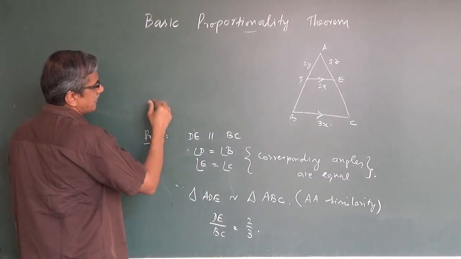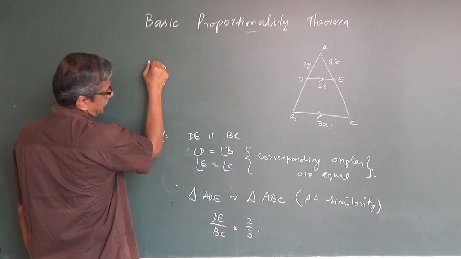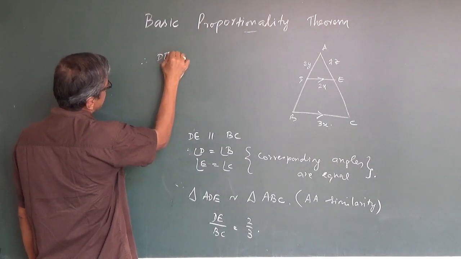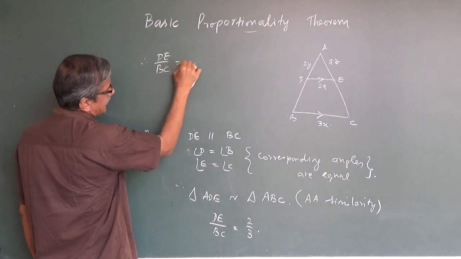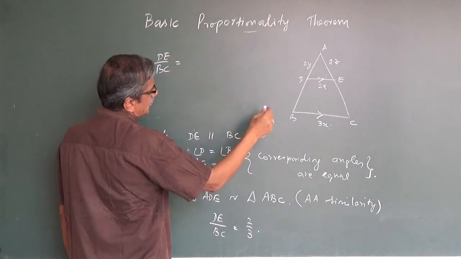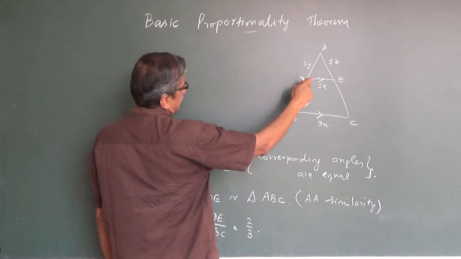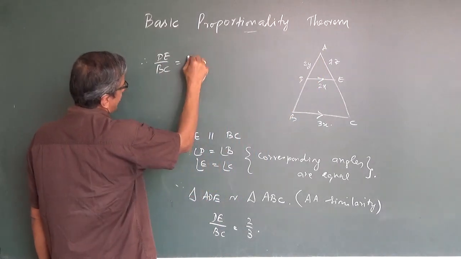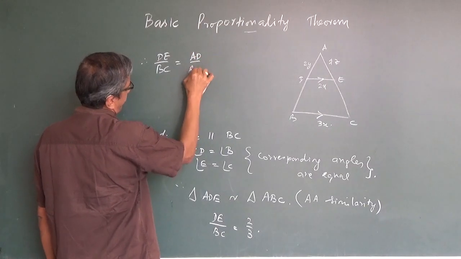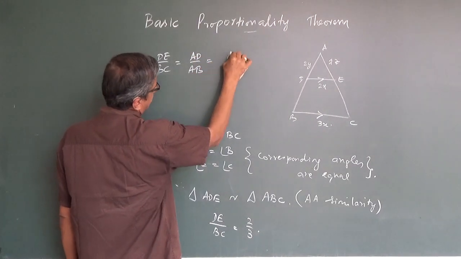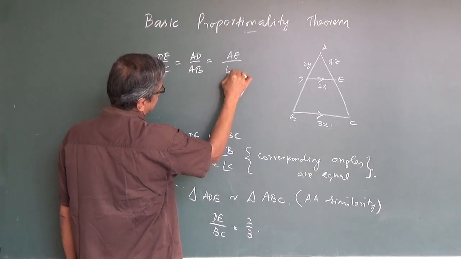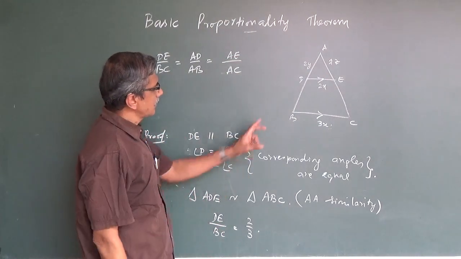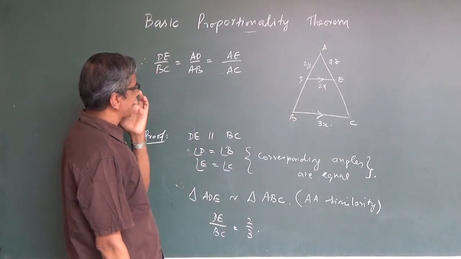Therefore DE by BC is equal to AD by AB, and AE by AC. I am comparing the two similar triangles.